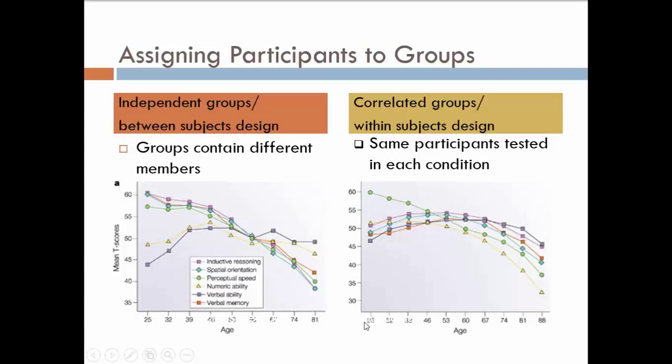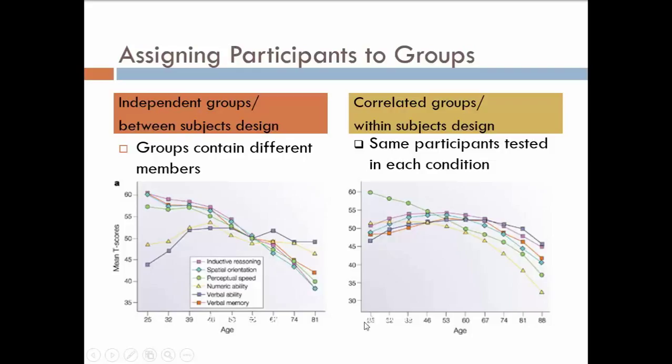And one of the things that you'll notice really dramatically changes between the cross-sectional and the longitudinal or the within subjects design is that you see fewer of these just steep decline kinds of outcomes. Most of our abilities are very consistent across our lifespan with some declines as we get older. This yellow one is numeric ability, and it seems to drop off for some reason.